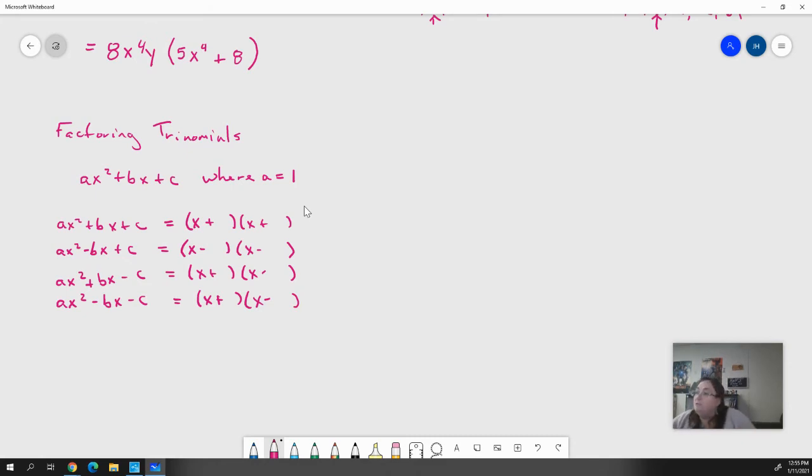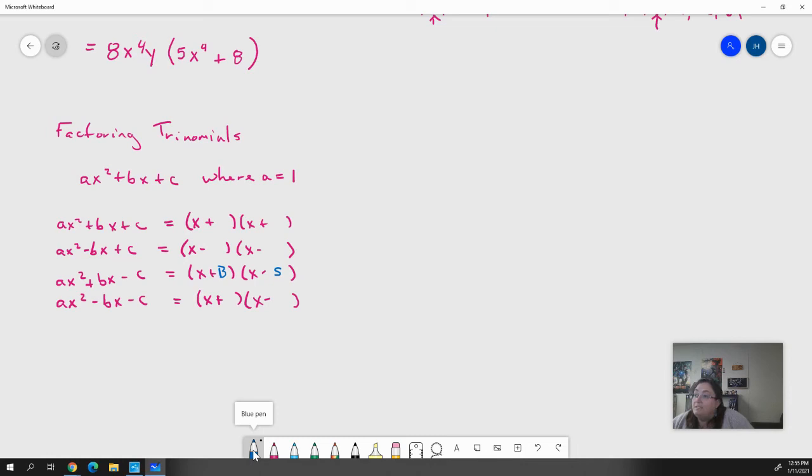In the last two, which factors are negative and which factors are positive all depends on the sign in front of b. So if our b expression is positive, our bigger factor will go to the positive and our smaller factor will go to the negative.